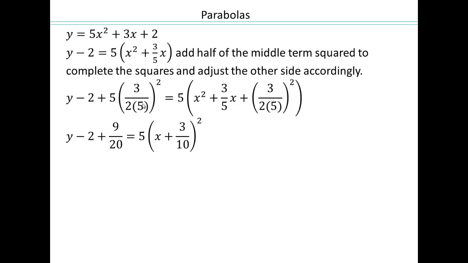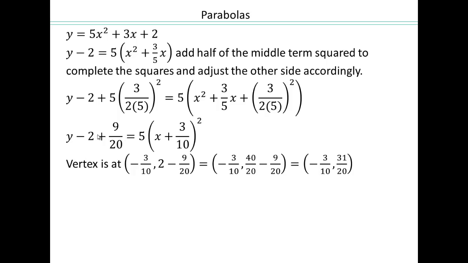So let's simplify a little bit here, and you get 9/20 here. And the whole reason we did that is to complete squares. So this will become 3 over 10. So this will be (x plus 3/10) squared. And these two numbers will add up to 31 over 20. And that gives us our vertex.